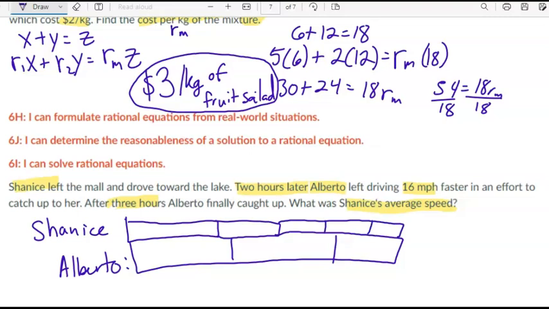So this is when Alberto was catching up, and then at the bottom, those are the 3 total hours that he did. So Shannis was driving at a constant rate every hour, well, for the average. And then Alberto is going to be going 16 miles per hour faster on each of those.